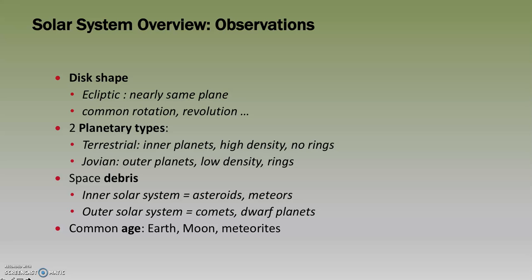And we have to explain that with a theory of their origin. Let's get into a bit more about space debris in the inner solar system, which is around the terrestrial planets, and the outer solar system, which is around the Jovian planets. So we're talking about asteroids, meteors, comets, dwarf planets, lots of space debris. Let's get into that.